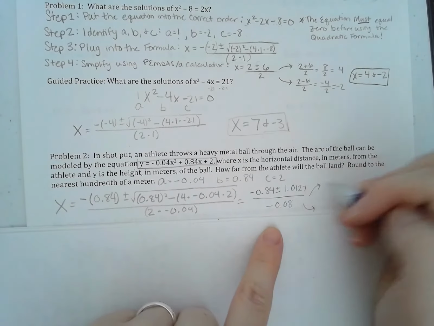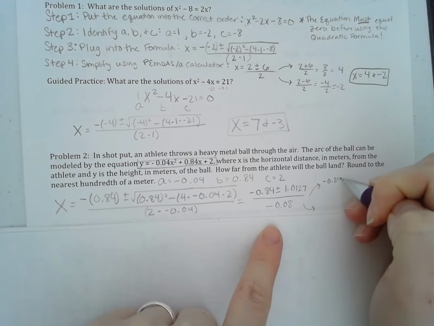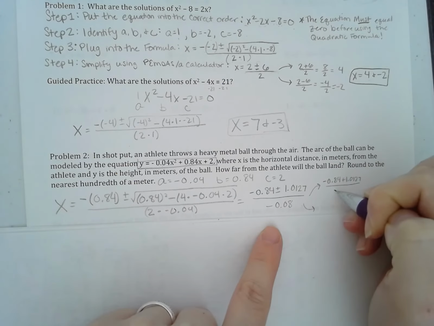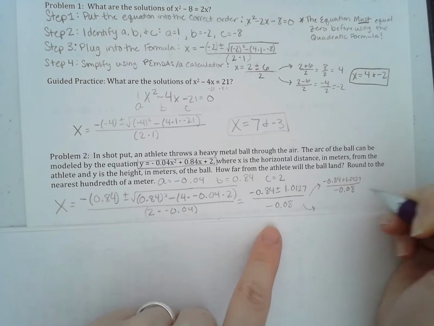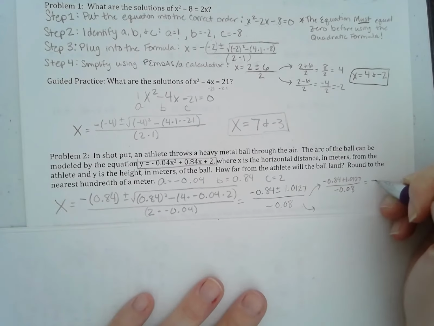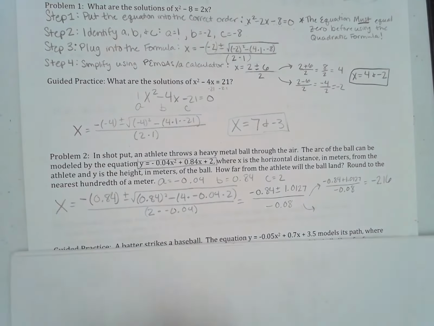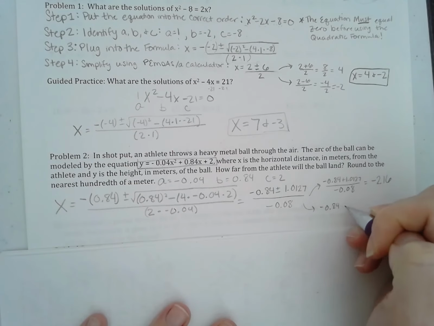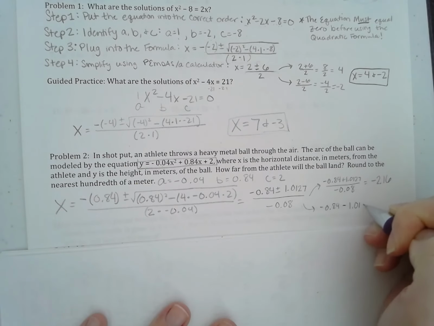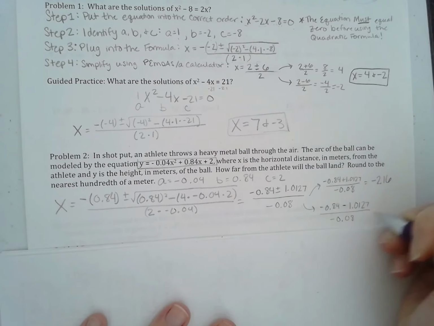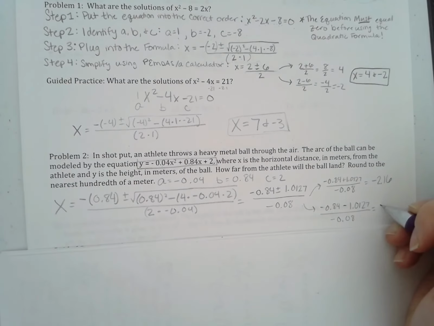One where I'm going to add -0.84 plus 1.0127 and divide by -0.08. If I do that, I will end up with -2.16. Then on the next one, I'm going to subtract: -0.84 minus 1.0127, all divided by -0.08. And when I simplify that, I'll get positive 23.16.